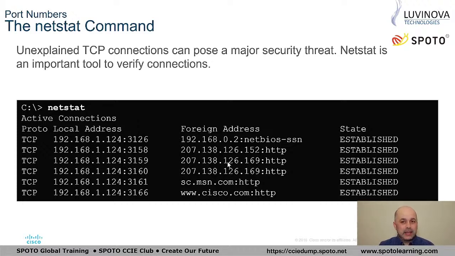When you type netstat, it's going to give you the whole list of all established port communication channels, along with the destination IP address, source IP address, the protocol type of communication, and port number.